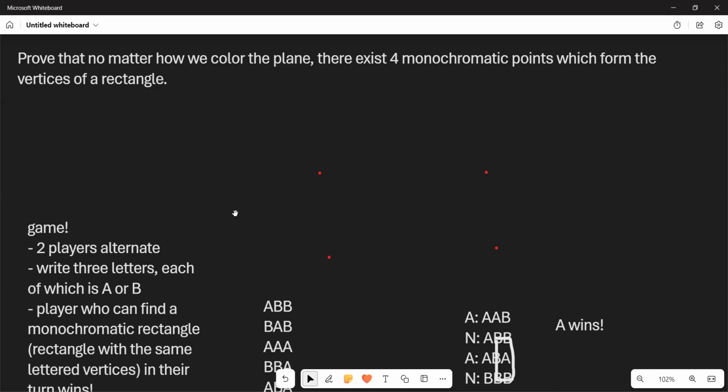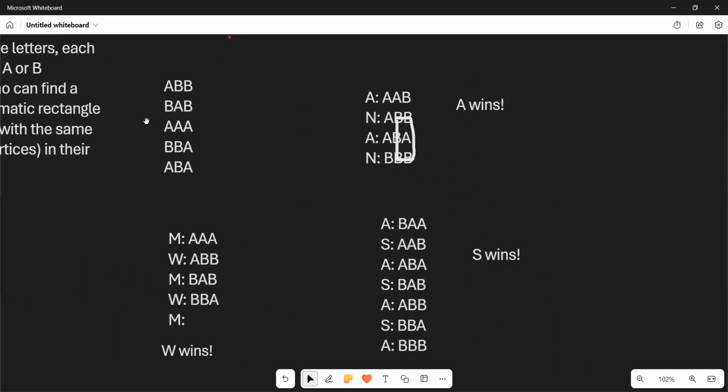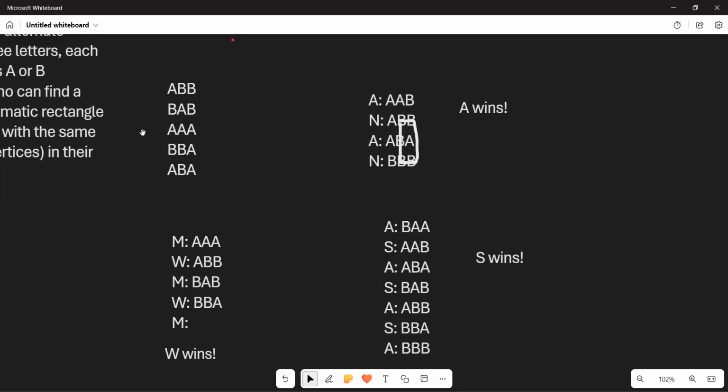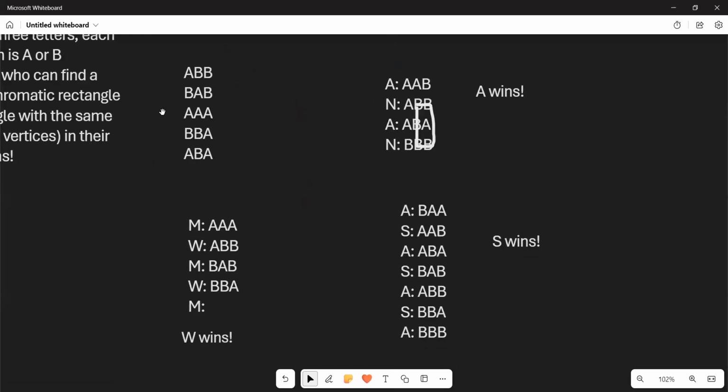Ma'am, if we do the same as we did in this, we just have to place A and B, color red and blue, against O and B, and we will definitely get a rectangle after some steps.